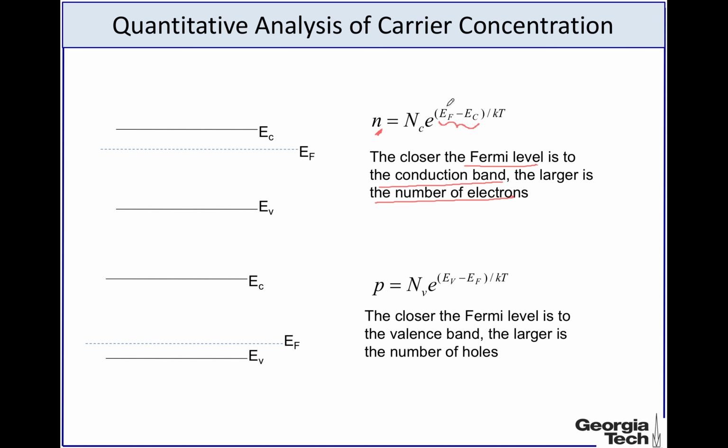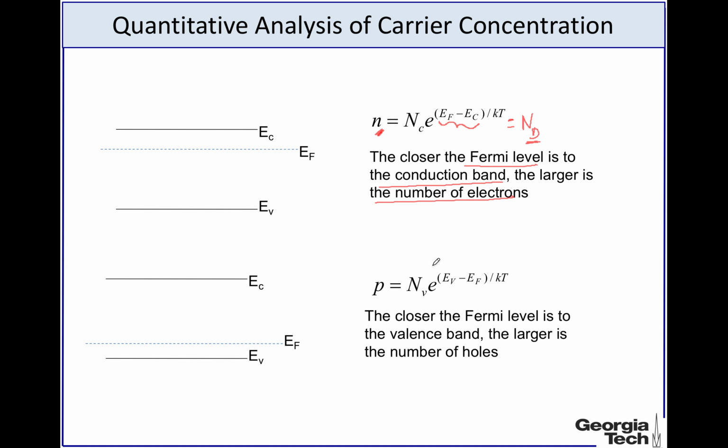As EF minus EC goes down, n is higher, so you will have more electrons in the conduction band. That is the case for an n-type semiconductor, and if the donor density is Nd, then n will be equal to Nd.